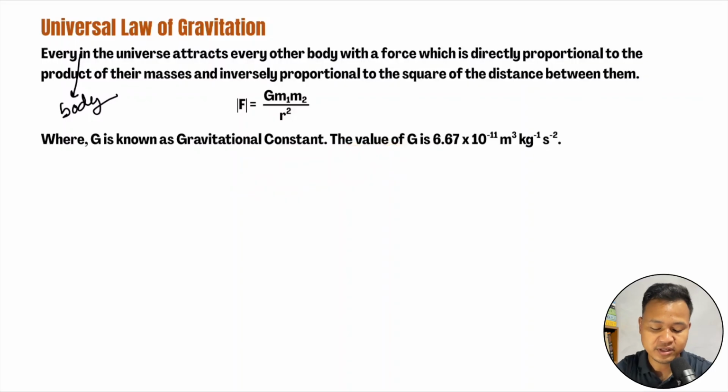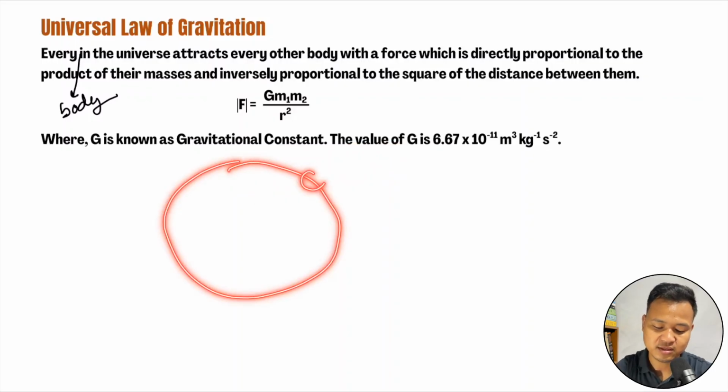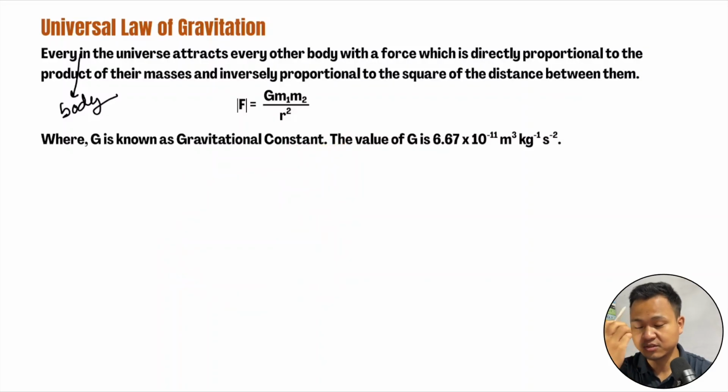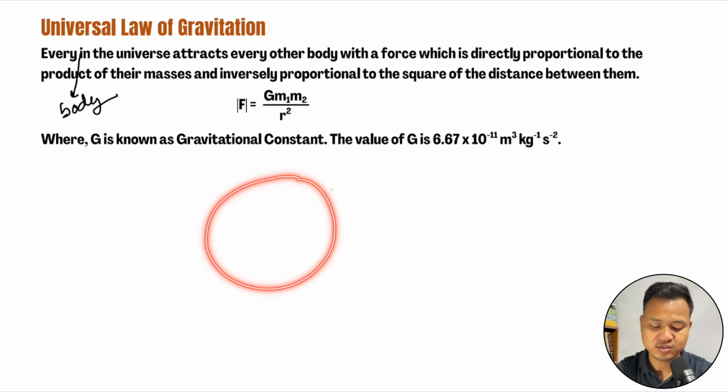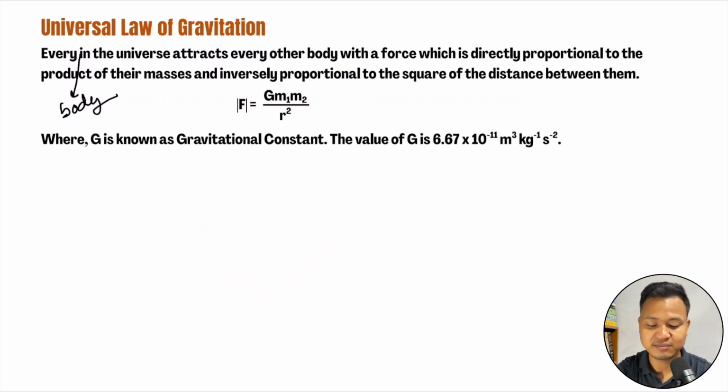Any body moving in a circular path has radial acceleration. That means there must be some force pulling the moon towards the center. That was his idea.